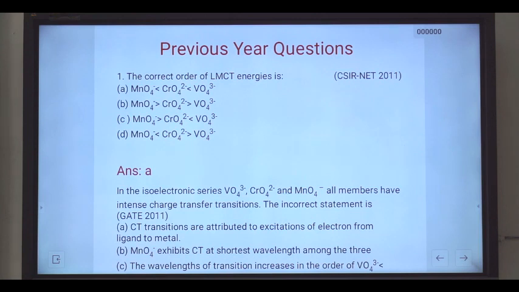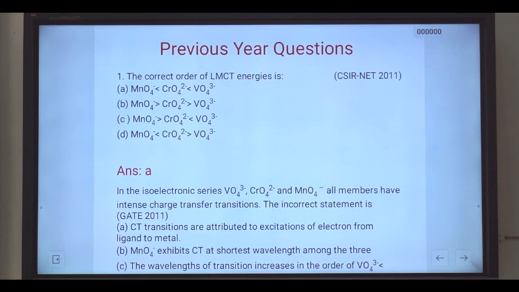For exhibiting the charge transfer at the shortest wavelength, how will you calculate the wavelength? For the LMCT, with increase in the oxidation state, LMCT will go on decreasing, and with increase in the shells of the metal ions, LMCT will go on increasing. But what is the relation between the energy and the wavelength? According to Einstein, E is equal to h nu or E is equal to hc by lambda.